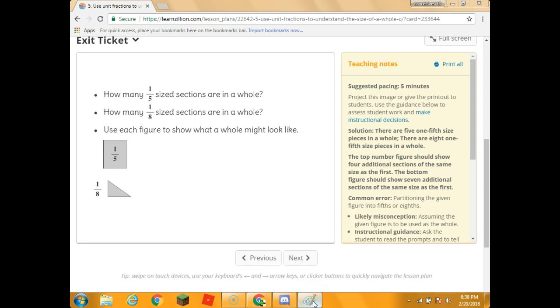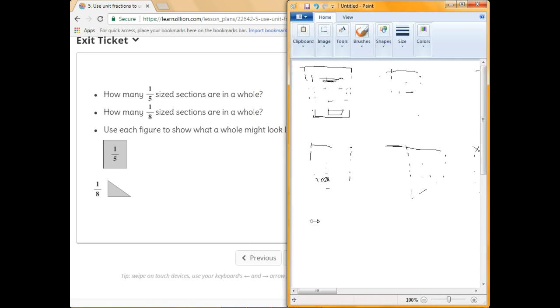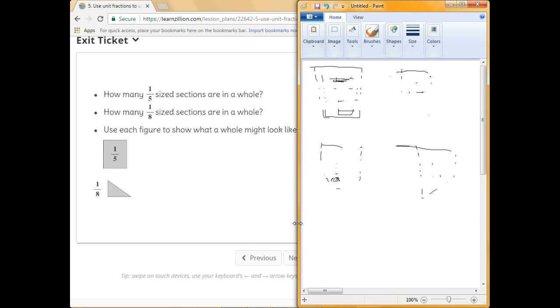And how many 1/5 sections are in a whole? So imagine it like this, if you don't understand. So we have this, and now we're supposed to split it into 5 parts.